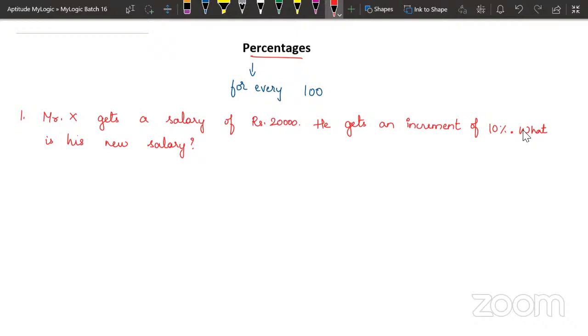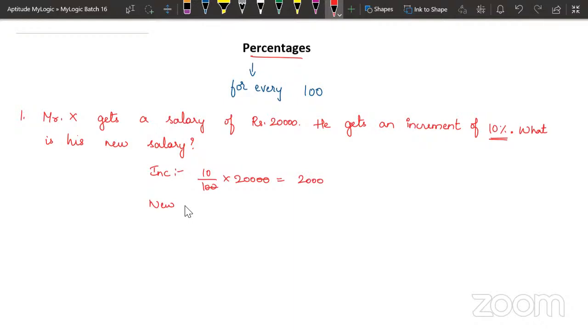Anyone? So basically, we calculate new salary based on previous salary, right? Yes, Madhu has replied that the answer is 22,000. Vandit, 22,000. Yes, very good. So the answer is 22,000. Correct. So basically, how did you calculate? You calculate the increment, right? Increment is 10%. 10% of 20,000 is 2,000 rupees.